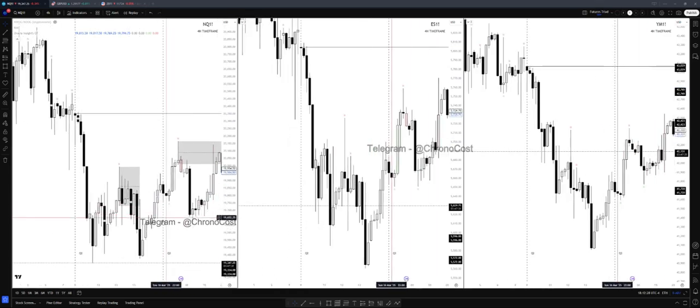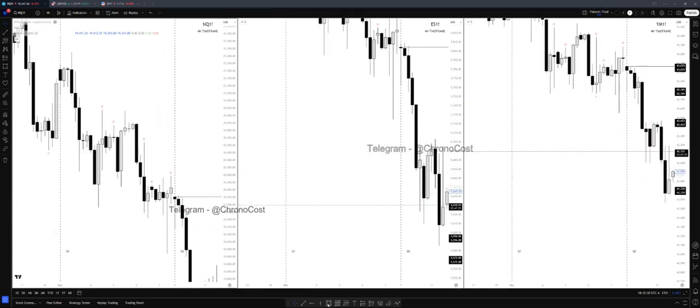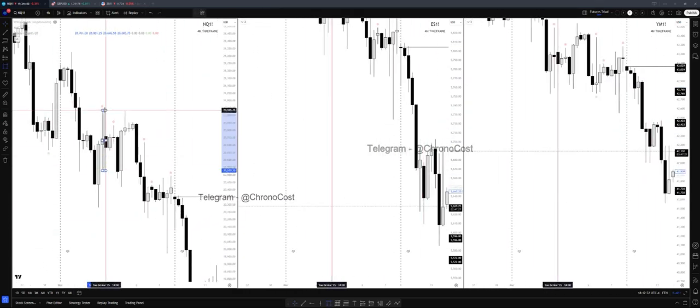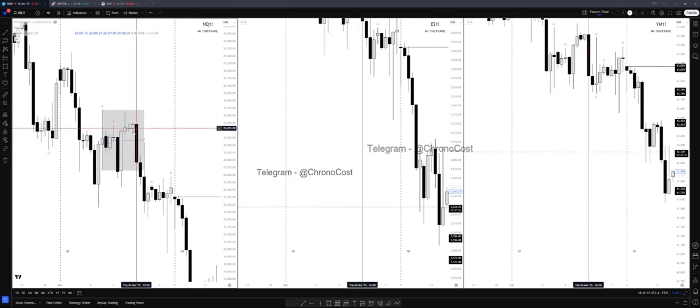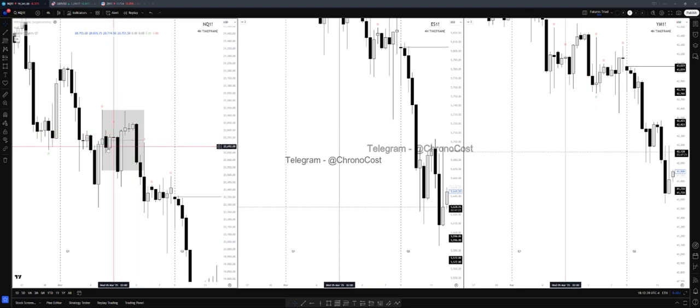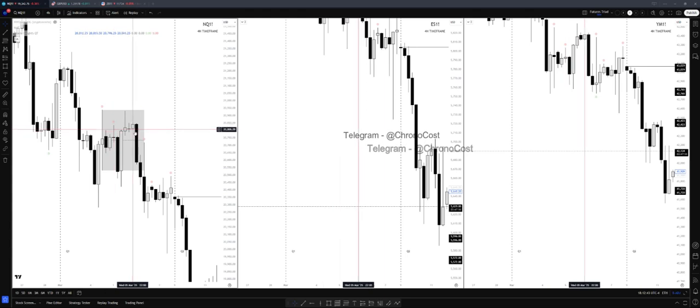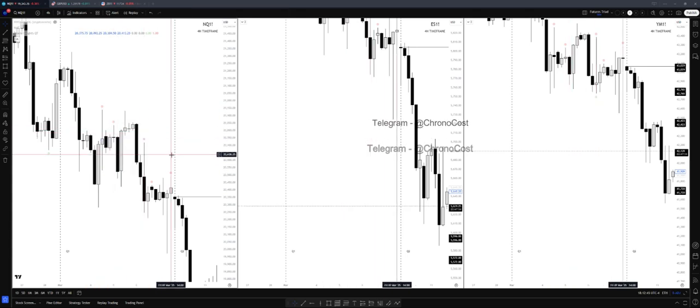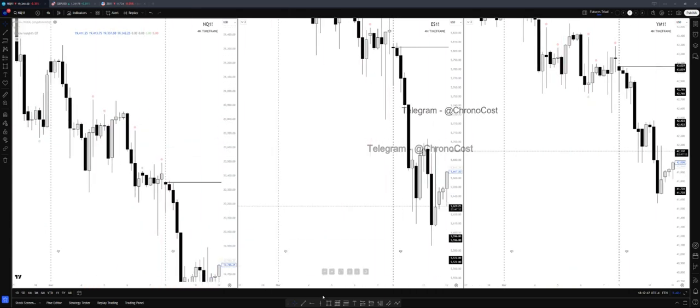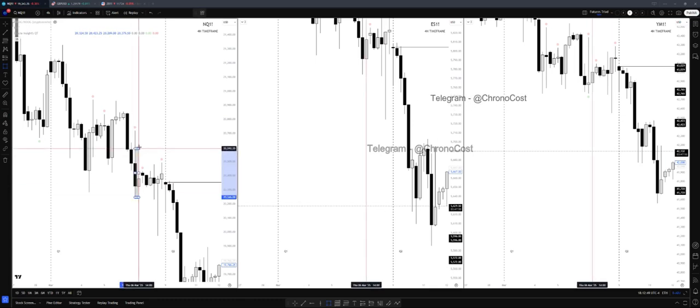Then these ones here, mark that out, and price trades into it a large number of times. Again there we did close above it, so potentially that one wouldn't have been as valid. Another one here, you can see.